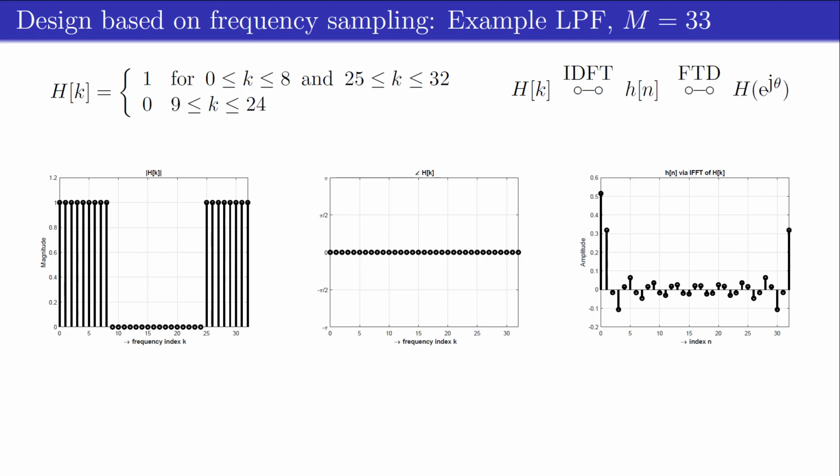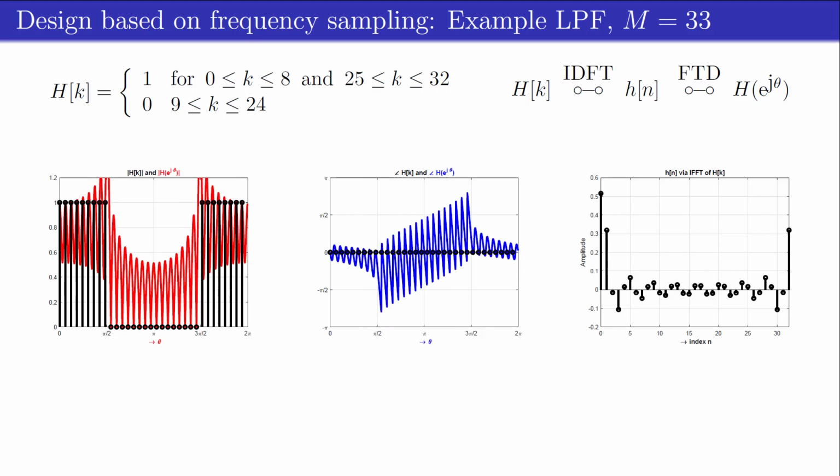We can check the approximation of the frequency response by applying the FTD to the depicted M is 33 weights of the impulse response h[n]. The left-hand side figure and the figure in the middle now also show the magnitude response in red and the phase response in blue, both as a function of the continuous frequency θ, in the range θ is 0 and θ is 2π.